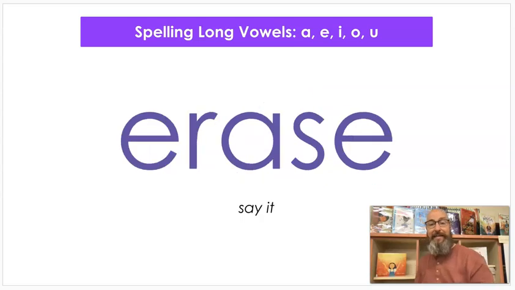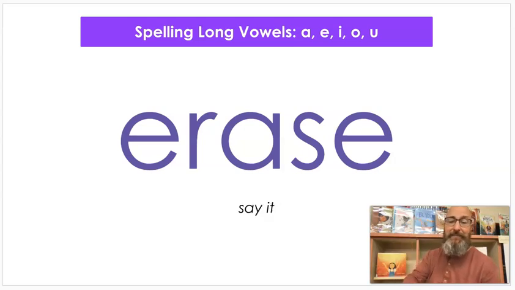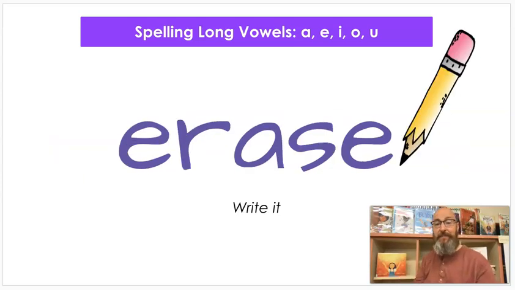Our next word is erase. Say erase. Map the sounds. E, R, A, S. Erase. Spell it. E, R, A, S, E. Erase. Write it.